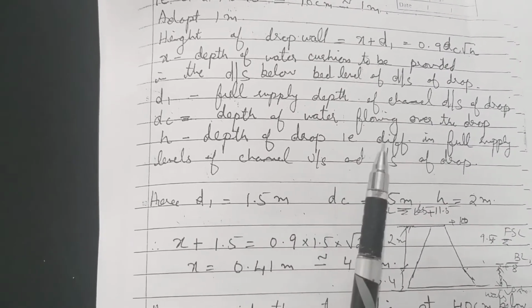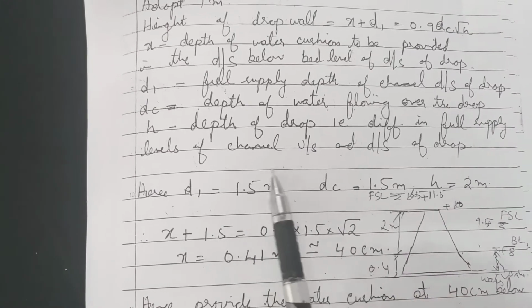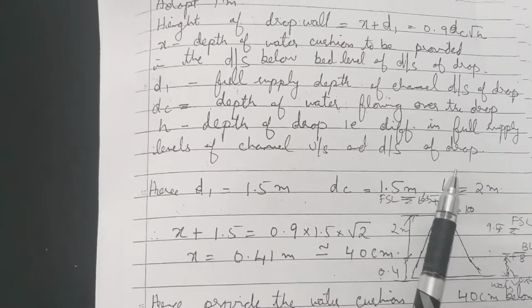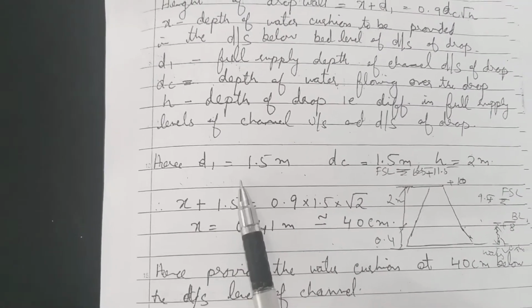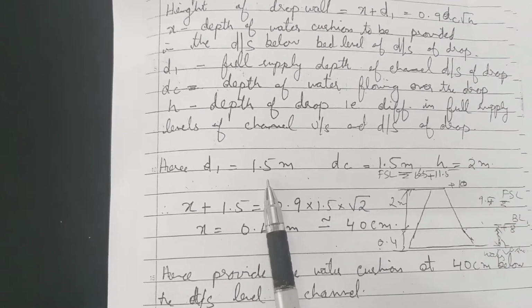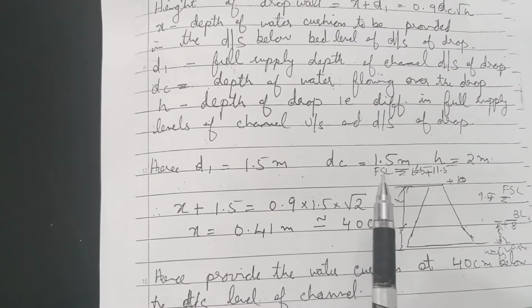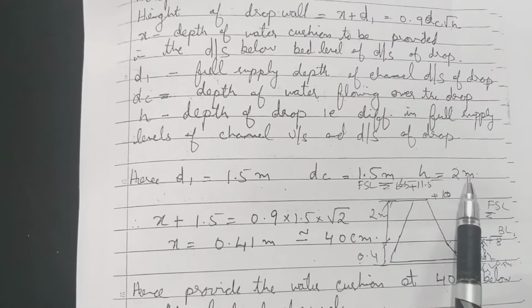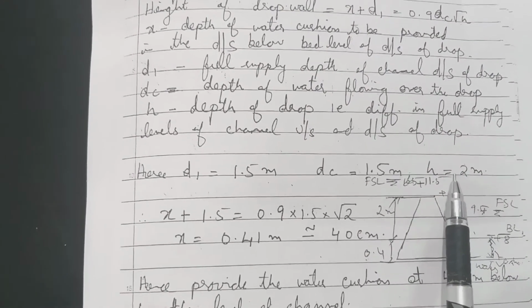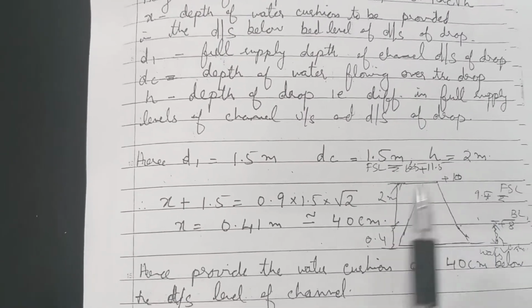H is the depth of drop, that is difference in full supply level of the channel upstream and downstream of drop. Here D1 is equal to 1.5 meter. DC is equal to 1.5 meter. H, the canal fall or canal drop, is equal to 2 meter.